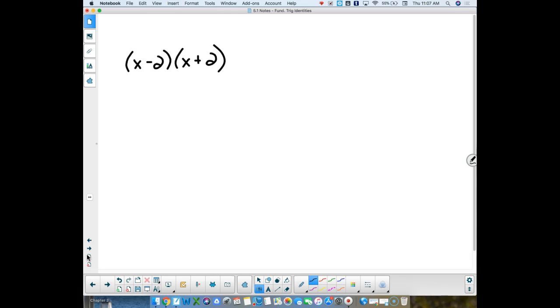There's a special term in math for those two terms. Because if I were to multiply them, I get that. Remember what it is? Not a perfect square.